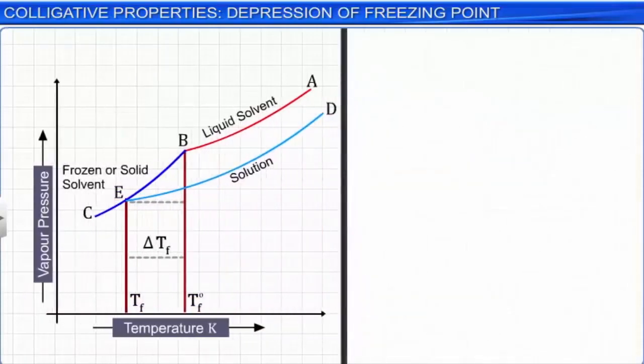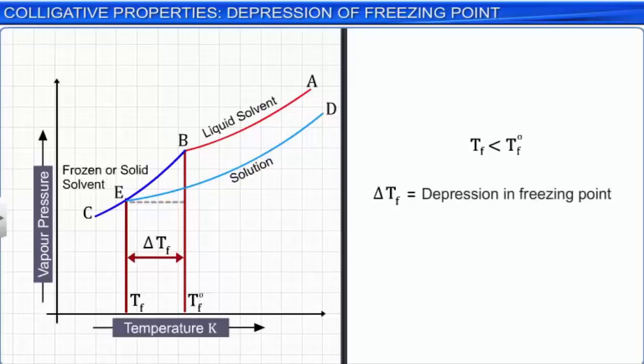As can be seen, Tf is lower than Tf0. Therefore, the difference delta Tf is called the depression in freezing point and can be written as delta Tf is equal to Tf0 minus Tf.